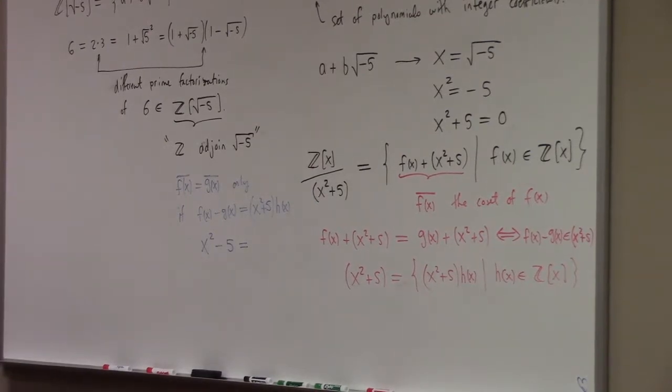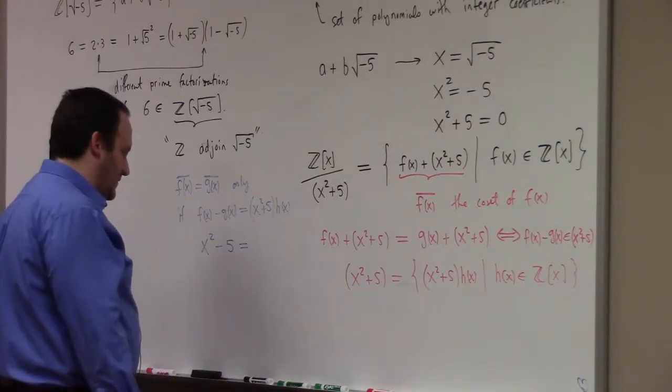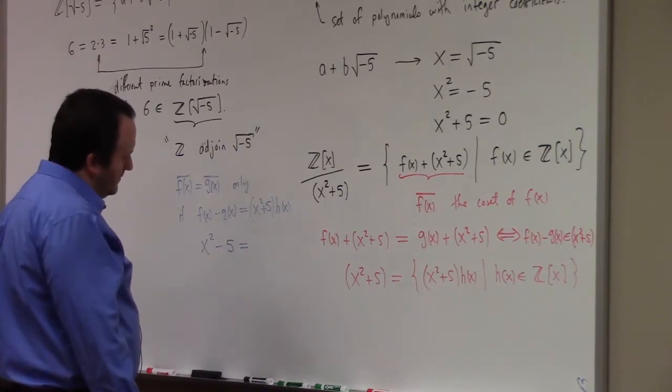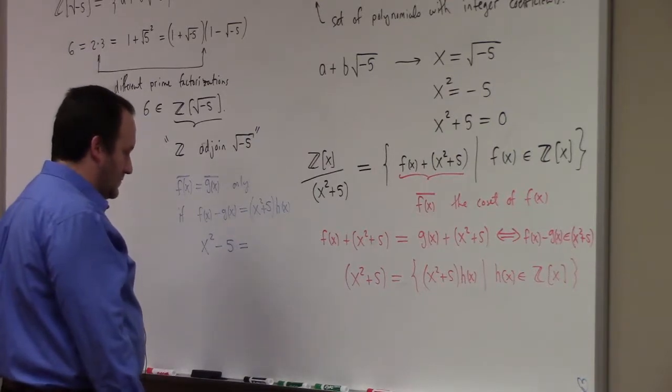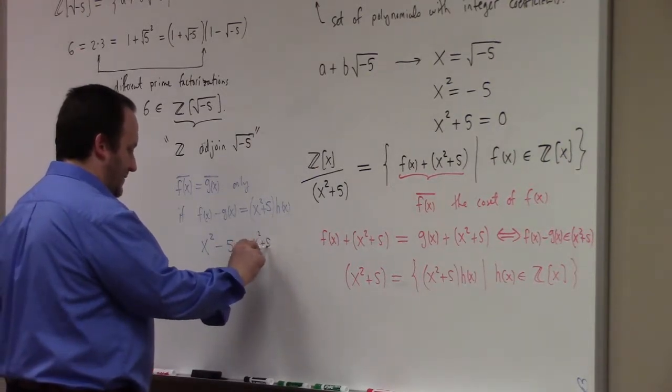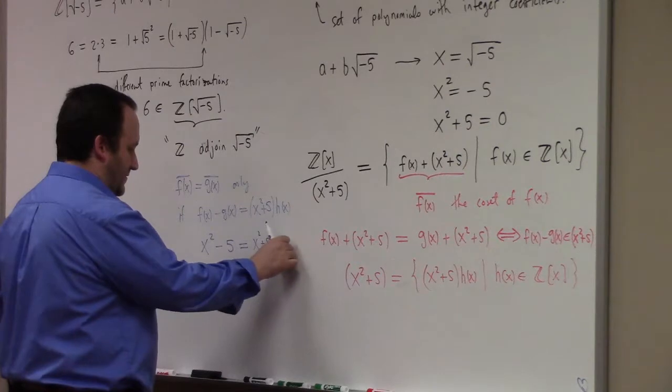Can we write that as x squared plus 5 times some other polynomial? You say 2x squared? Let's see, this is x squared plus 5 plus minus 10, right?